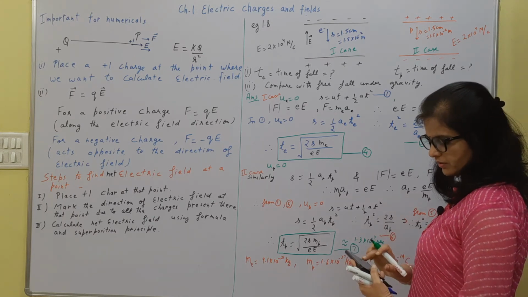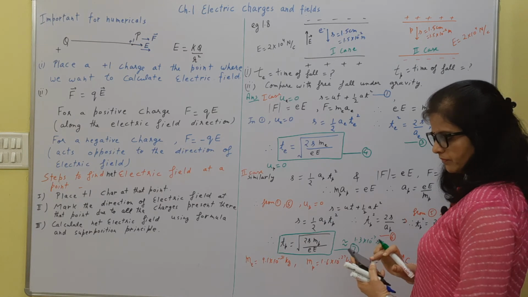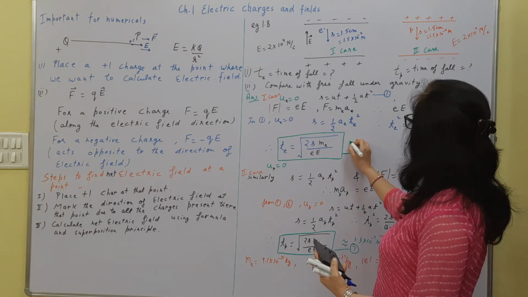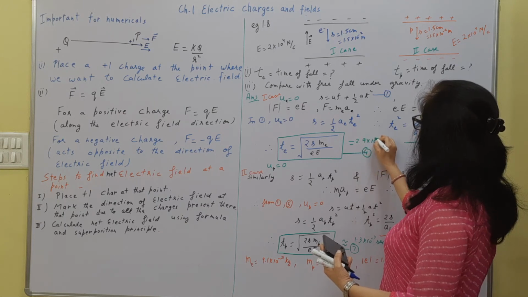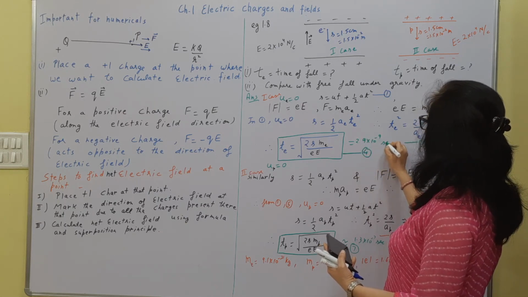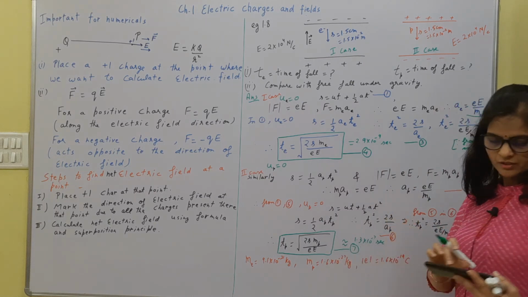And similarly for electron, it comes out to be 2.9 into 10 to the power minus 9 seconds. So this is also very, very small.